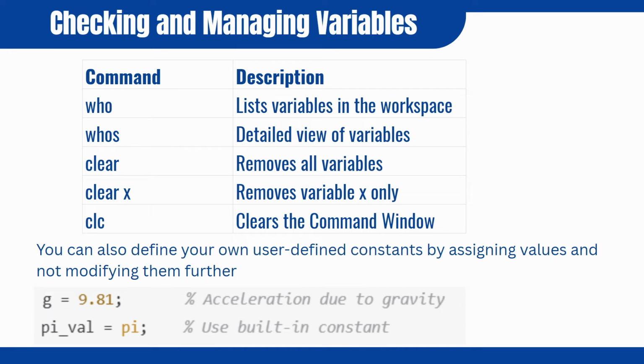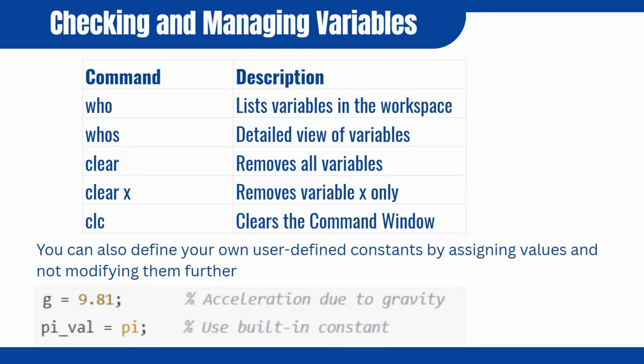When you use clear, it removes all the variables which we have assigned values to, from the workspace. clear x removes the variable x only, and clc is used to clear the command window.